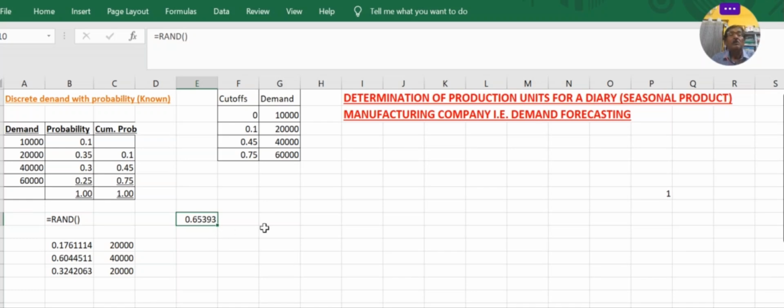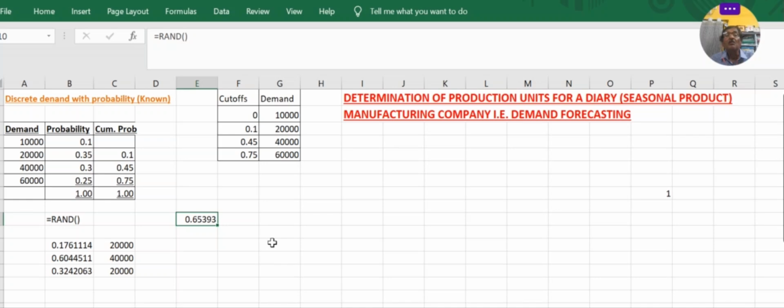Now, how will you connect the demand with the random number? Because we have to forecast the demand with the random demand. For getting that random demand amount, we have to connect the demand with the random number with the help of the Excel sheet.